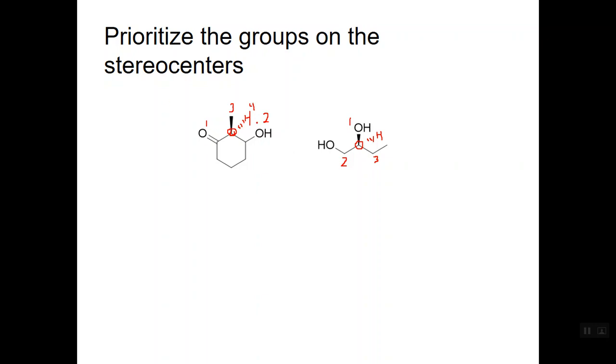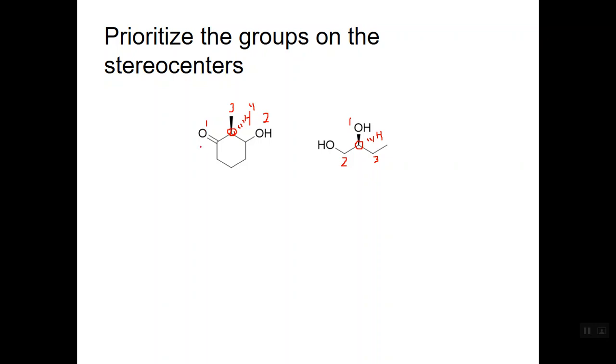You can also, if the hydrogen was going to the front, figure out whatever configuration you have and then flip it over. So if you got R, you would say it was S. We can look at that in class more. In any case, these are going in the correct direction, with the hydrogen going back.